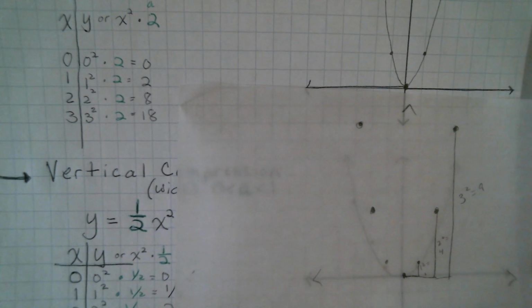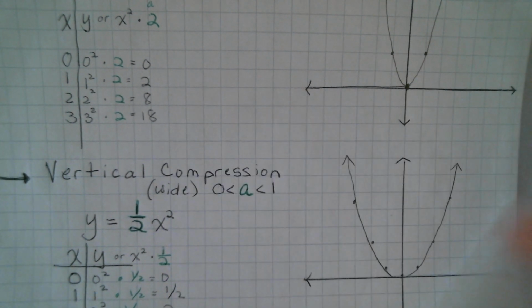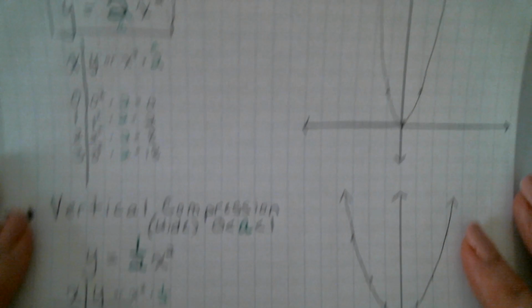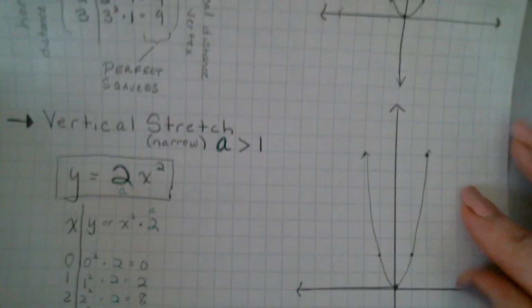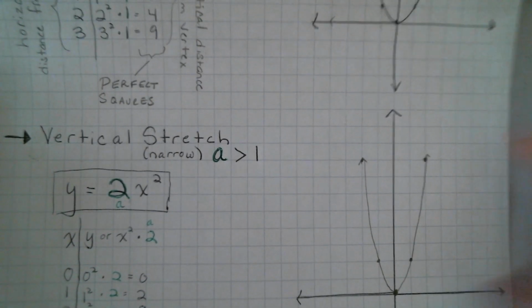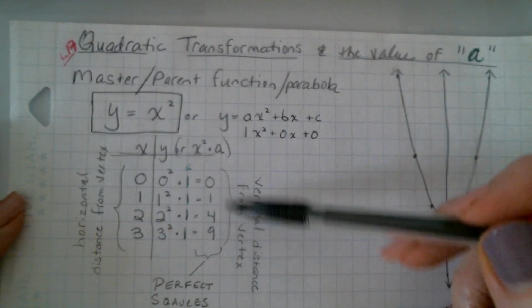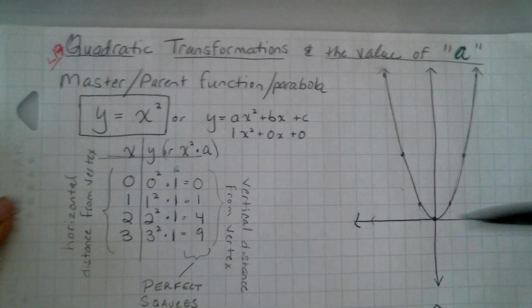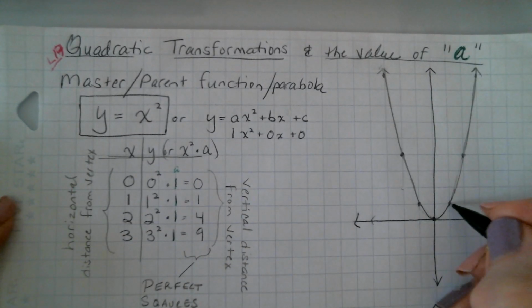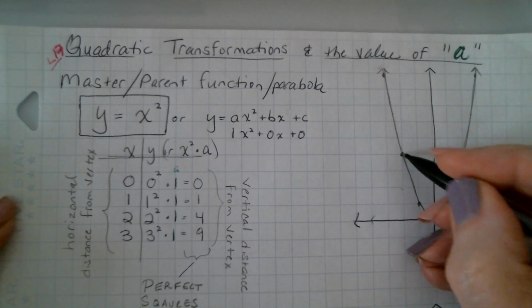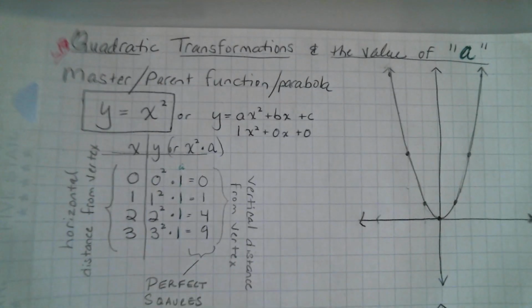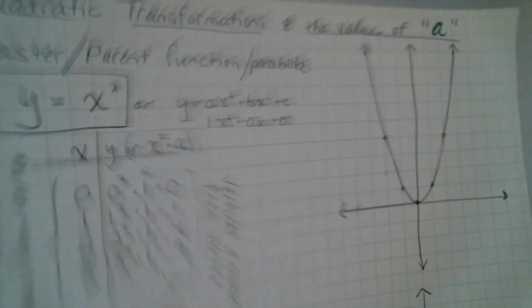And that a value will tell me if it's compressed and those values are cut in half. The distance that we would travel on y is cut in half here. The distance that we would travel for y is doubled here. So knowing that it's typically these perfect square values in our master parent function can help us transform any graph from there, okay?